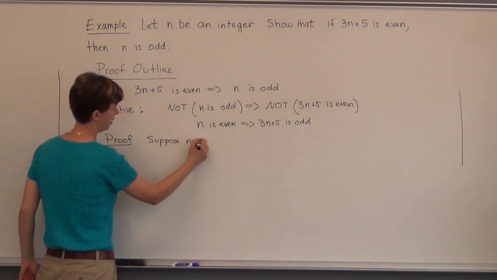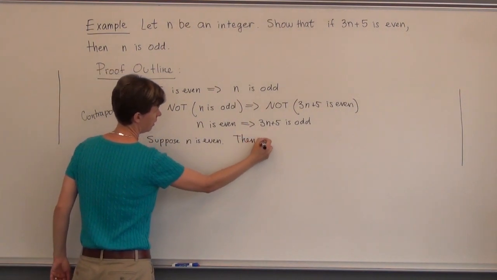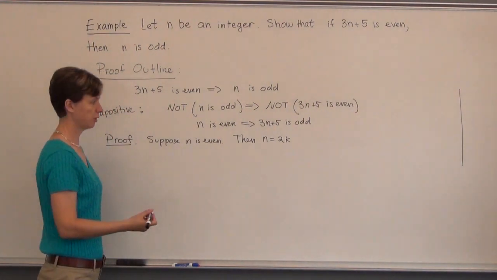Suppose n is even. Then n is equal to 2k for some integer k.